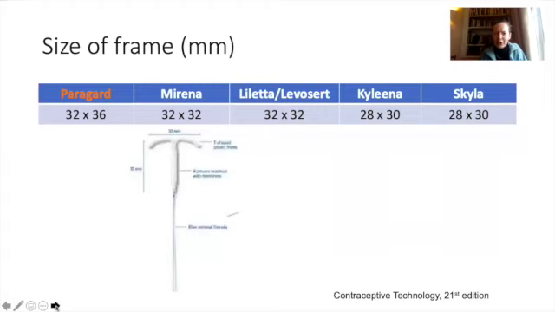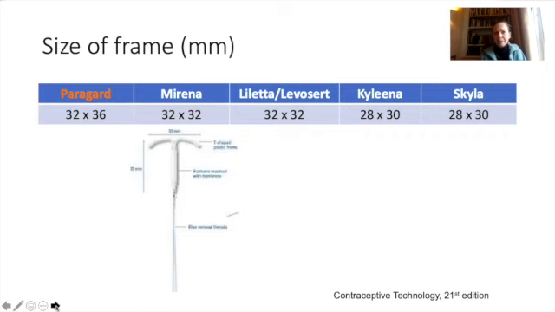Liletta and Levocert match that exactly, 32 by 32, while the lower dose hormonal IUDs, Kyleena and Skyla, have slightly smaller arm span, but really it's a difference of 2 millimeters, 28 instead of the 32, and somewhat shorter stems, so 30 millimeters instead of 36. In my own clinical experience, I would say this is rarely a clinically significant difference.